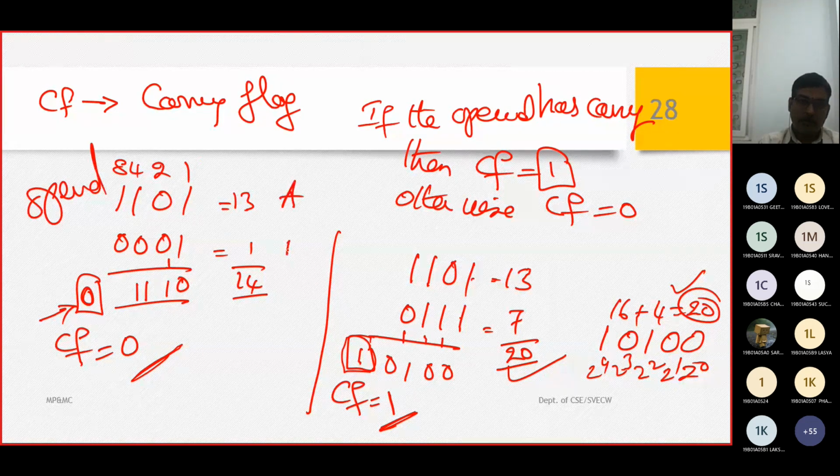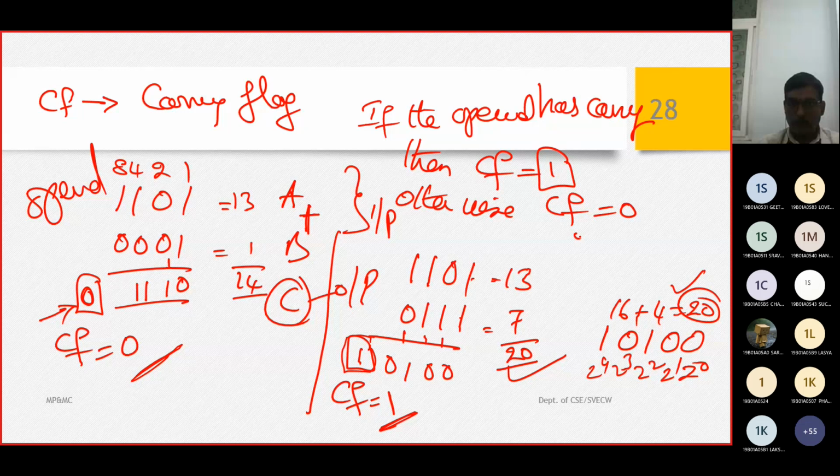So we have operands here. This is operand A and operand B. Then you performed addition between A and B. Then you generated the C, which we are going to call the output. A and B we are going to call the input. So I have an arithmetic logic unit. I'm going to give A, I'm going to give B. Then I'm going to generate C here. So A was 13, B was 7.